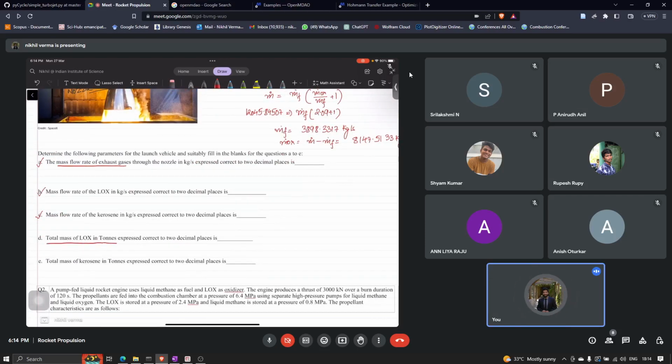Okay, so now the third part is, you have to calculate the total mass of logs in tons that is stored in the tanks. So you have two tanks, one of kerosene and one with liquid oxygen that is going into the engine. So you have to calculate the total fuel that is stored in these two tanks.